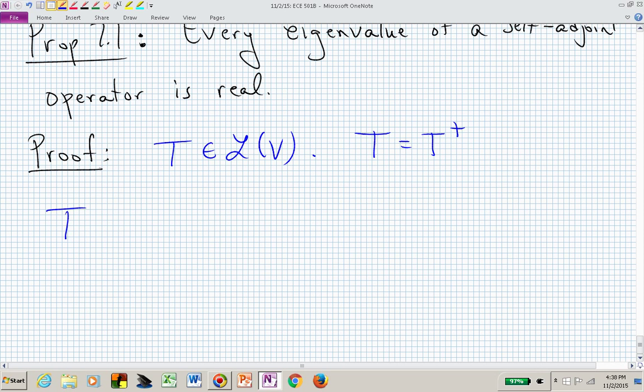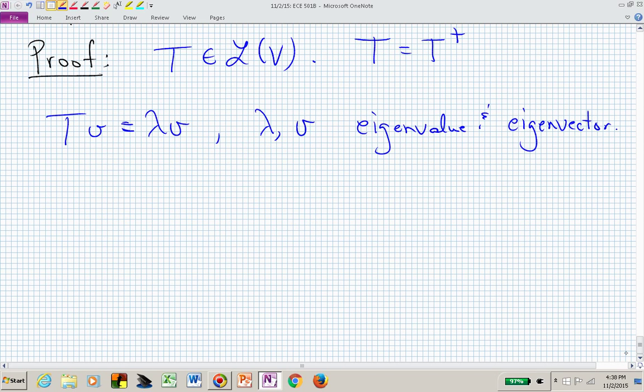Now, you could use many different things. Suppose the eigenvector is v. Then we have Tv is equal to lambda v. That's our eigenvalue-eigenvector equation, where lambda is the eigenvalue and v is the eigenvector. That's what we will use.